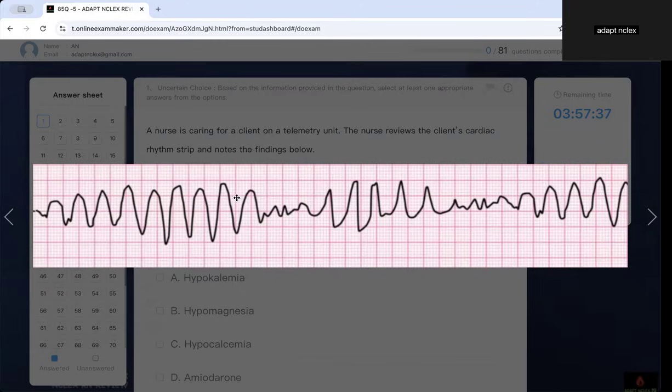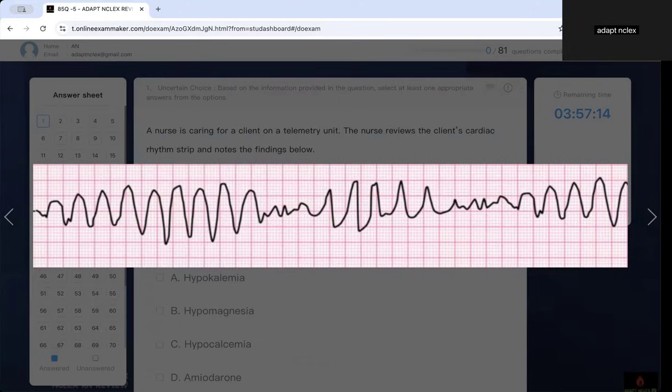These are all ventricular rhythms, each a different kind of ventricular rhythm. What we're seeing is a meandering ventricular rhythm with polymorphic features. This is what we call Torsades de Pointes.